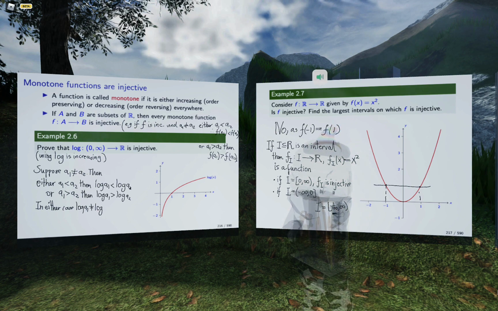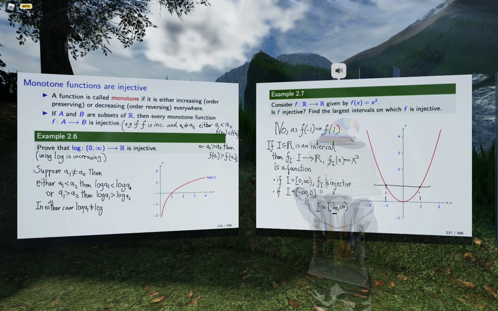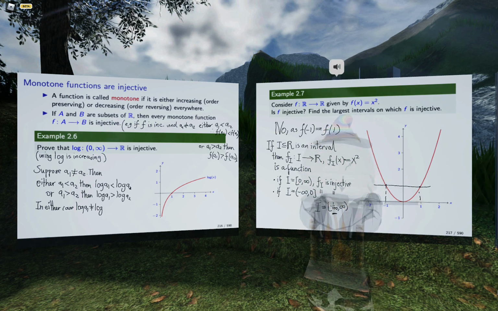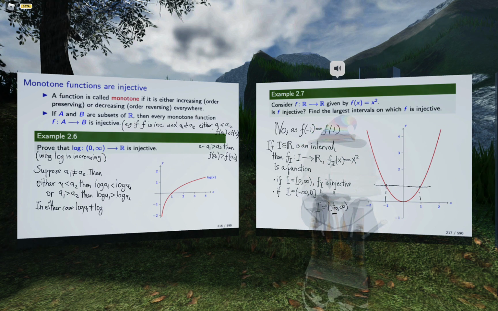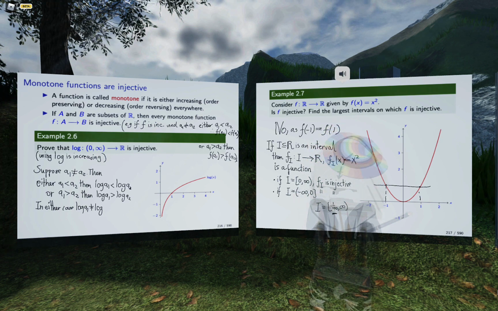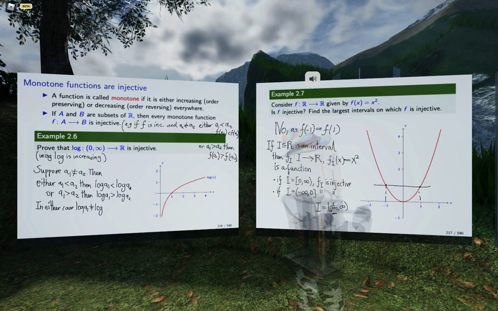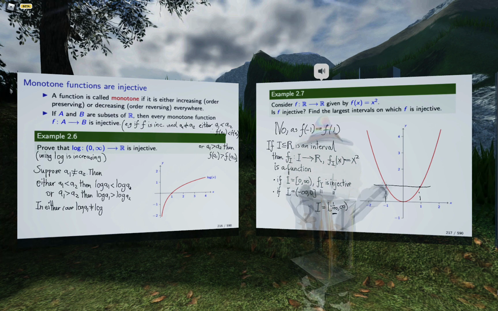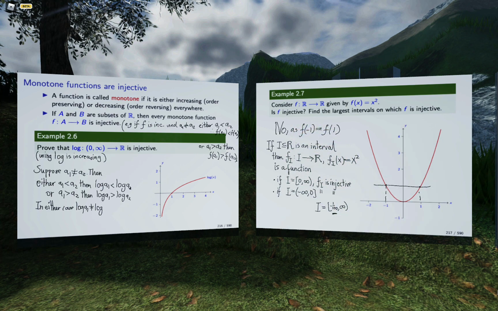Right? So if I include any negative numbers at all in my interval, it'll fail to be injective. And similarly, if I increase this I, which has the negative real numbers in it, if I extend it out to the right by any amount, that'll fail to be injective. So those two intervals are maximal. And that's what the question is getting at. It says largest, but that suggests a measure of size. That's not really intended. It just means maximal, that is, cannot be expanded.